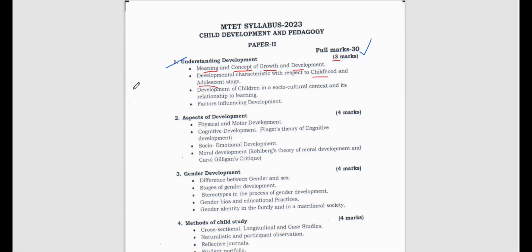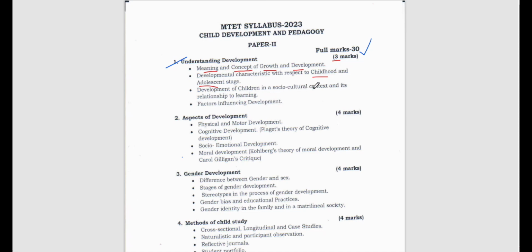We have to understand that. Adolescence is a period of stress and storm, so we have to read this. What are the different changes which take place in the adolescent stage? What is the mental status of the adolescent? Now what is childhood? What are the different stages in childhood? Those things we have to study in this particular subunit.